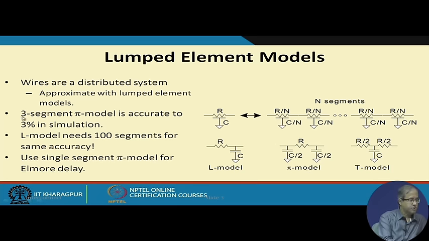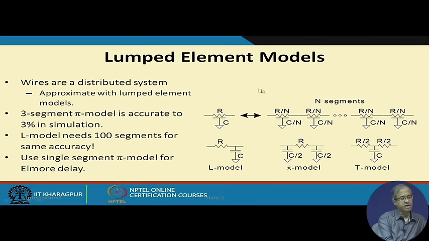If we use three such segments, one followed by another, that is seen to be accurate enough, which means accurate to 3% of the actual. So, a 3 segment pi model gives very good results, but if you are using the L model, then to achieve that same degree of accuracy you need 100 segments of this L model. This will be much more costly in terms of computation time during simulation.